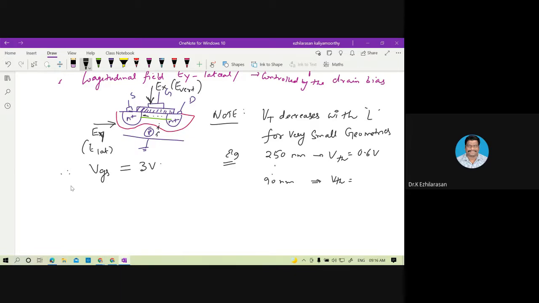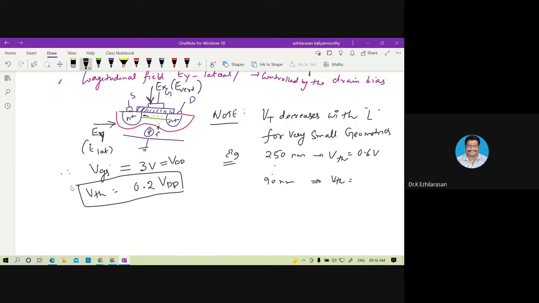As you studied, to calculate the threshold voltage it is always like 0.2 times VDD. So assume VGS is a maximum of 3 volt; I will consider this as VDD. So if it is VDD, then your VT will be 0.6.